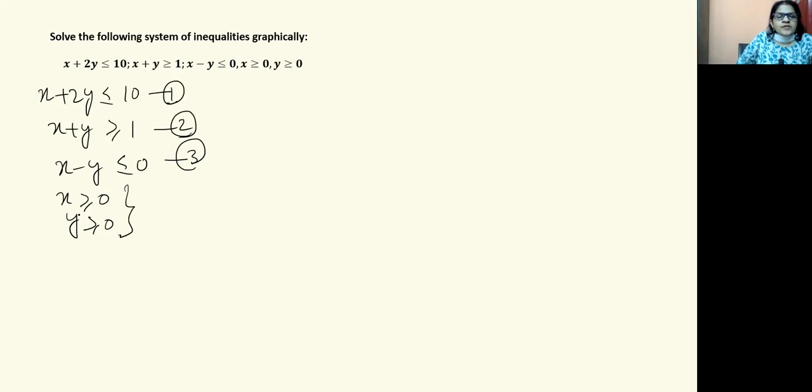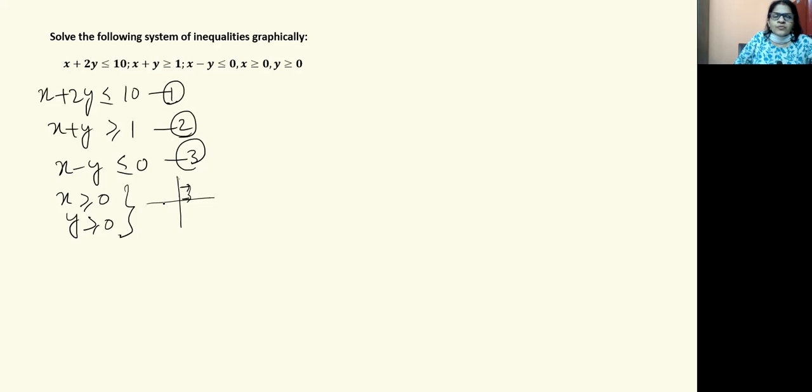These last two cases, x and y both greater than or equal to 0: x equal to 0 is the y-axis, and x greater than 0 means to the right of the y-axis.